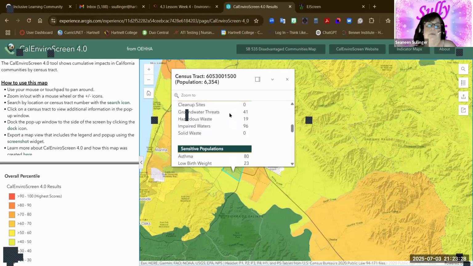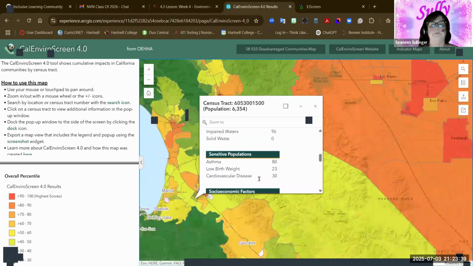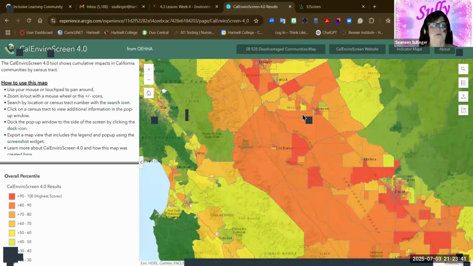So no solid waste, which is nice. But if you look at sensitive populations, asthma is very prevalent, as is low birth weight and cardiovascular disease. So you can close that one out.